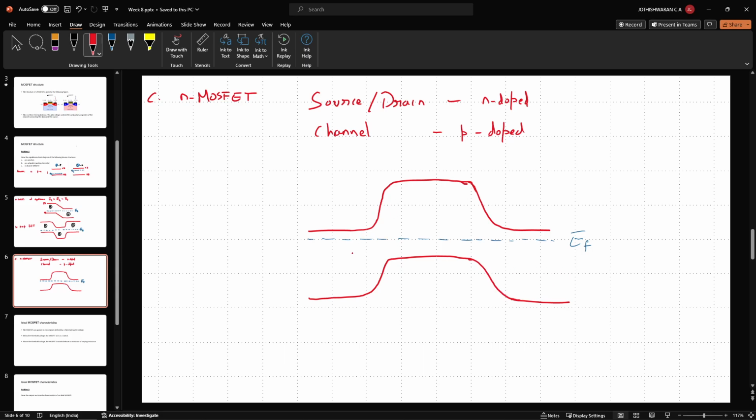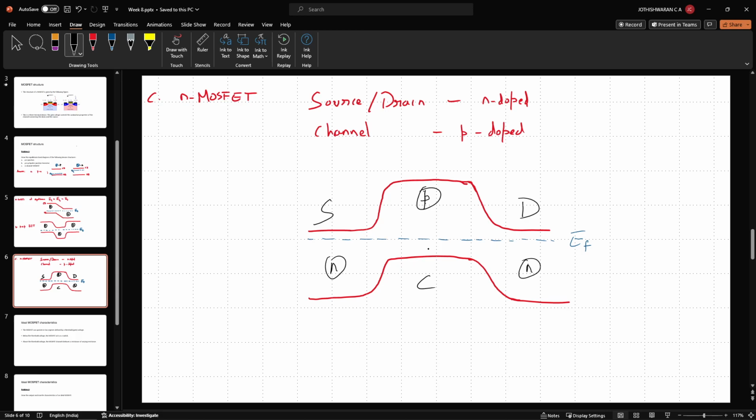Yes, so this is how it is going to be. So this region is going to be N-type, N-type. So this is my source, this is the drain, and this is the channel. And of course, this is a P-doped region.